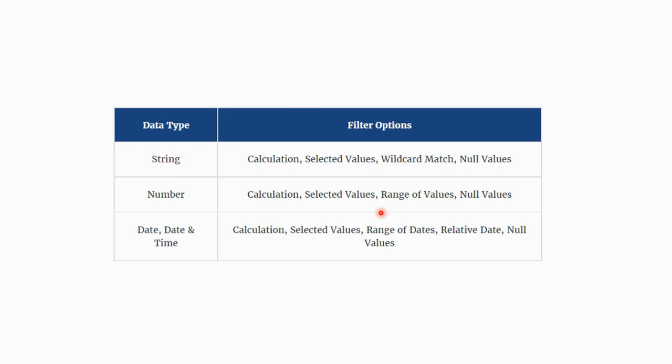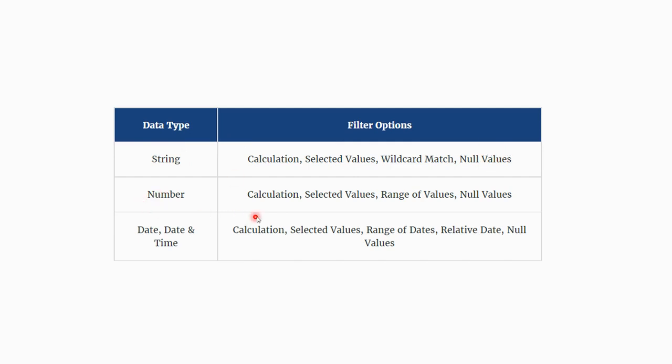Filtering values in order to locate the data that needs to be cleaned. The filter values you can apply depend on the data type of the field. For example, if it is a string, you can use a calculation, a selected value, a wildcard match, and null values.